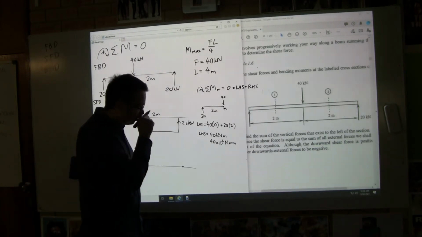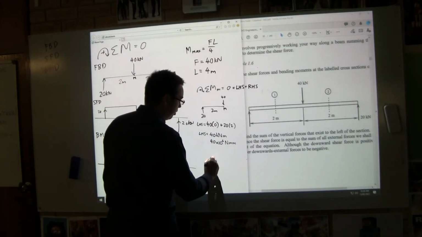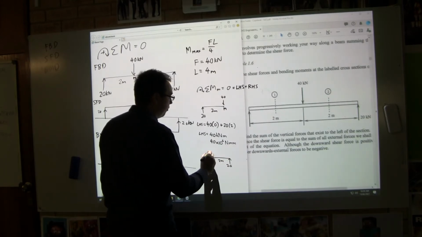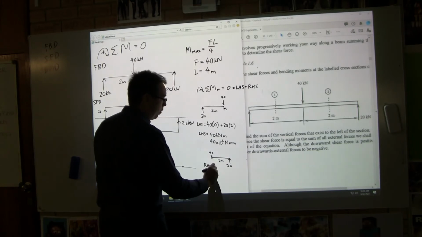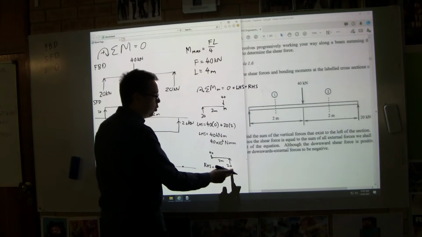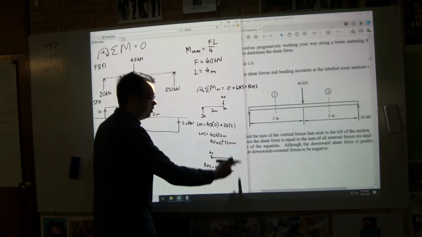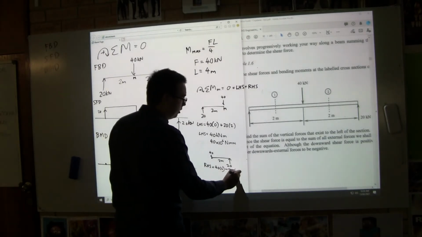Now let's have a look at the right-hand side. It looks like this. We've got M, 2 meters, and 20 kilonewtons. We have the 40, but like we said before, the 40 doesn't really matter. So the right-hand side equals 40 times 0, and then this is 20. I've written minus 20. Is it going clockwise or anti-clockwise? Anti-clockwise, so we're going to leave it as minus times 2.